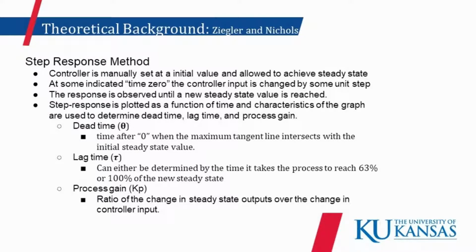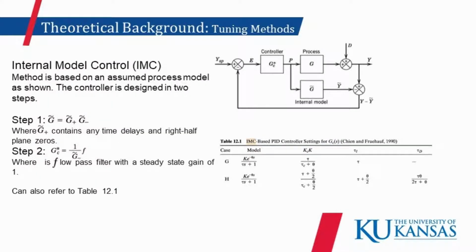The first tuning method that we used was the internal model control, or IMC. This method is based on an assumed process model like the one shown. The controller can be designed using the two steps laid out here, or one can refer to table 12.1 from the textbook.